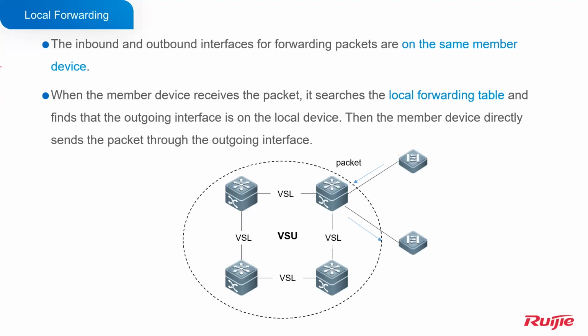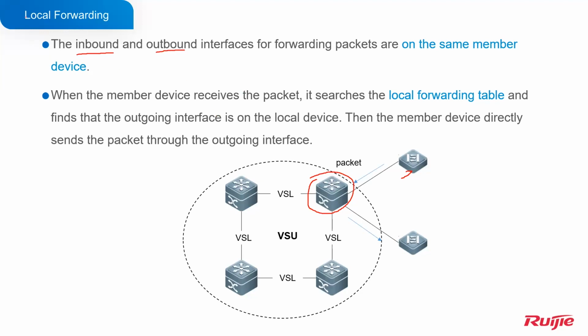Like this, about local forwarding. Local forwarding means that this switch receives a message from another switch outside the VSU, and I check my forwarding table. I find that my inbound and outbound interfaces are on the same member device.